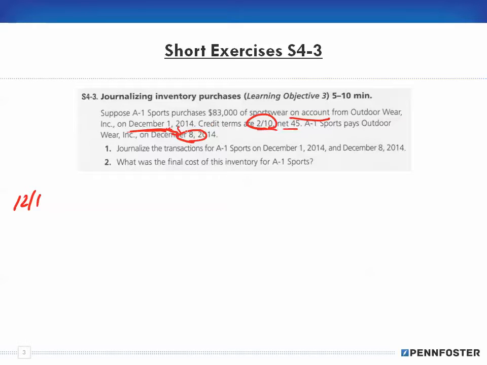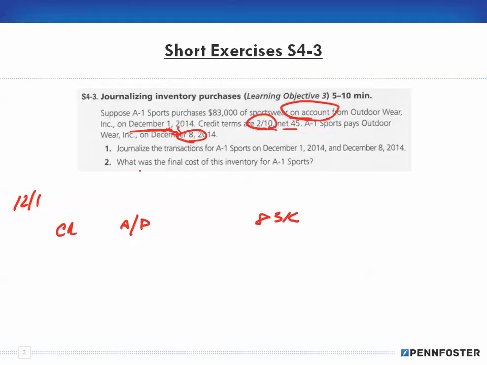So I ask myself the next question, am I affecting accounts payable or accounts receivable? The answer is yes, because it's on account. Accounts payable is a liability, and I increase liabilities on the credit side. So I'm going to credit accounts payable for 83,000.